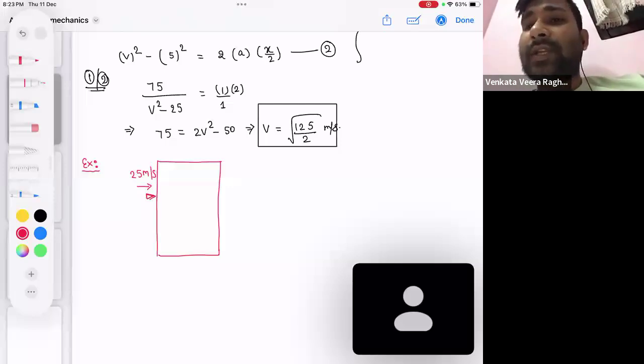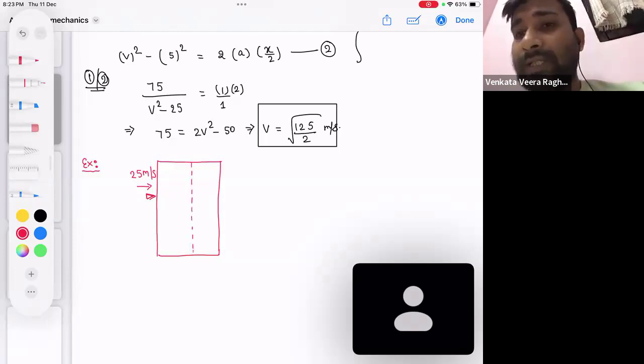The question gave that when this bullet moved by 10 centimeter, its velocity has become 10 meter per second. Understood?